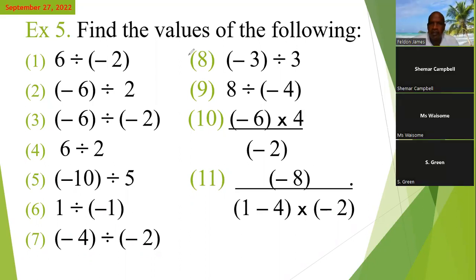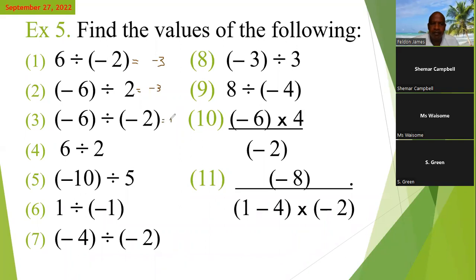All right, now guys, what's the answer for question 1? Negative 3. Question 2. Negative 2. Question 3.